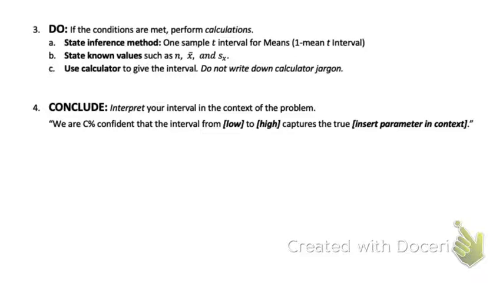You can shorten that to a one mean t interval. Your calculator is going to just call it a t interval. We'll get to that in a minute. You are going to write down the values of n, x bar, and s sub x, under do, along with the interval that your calculator is going to give you.